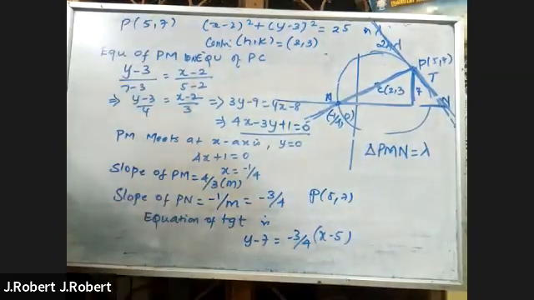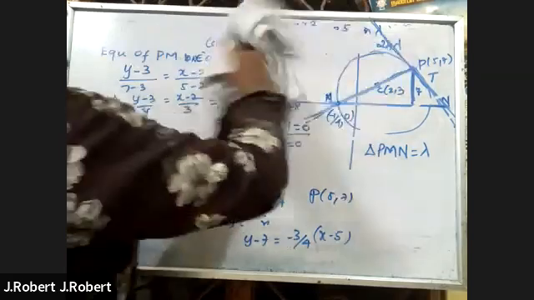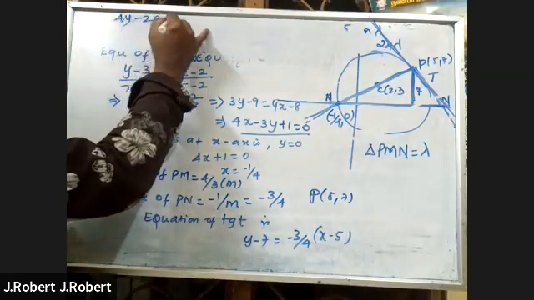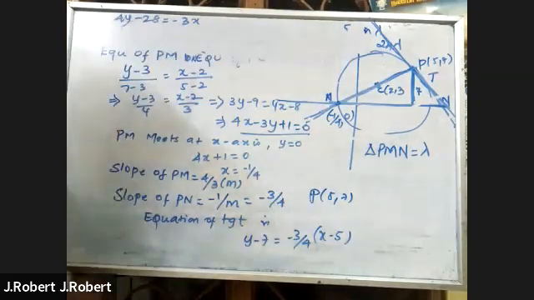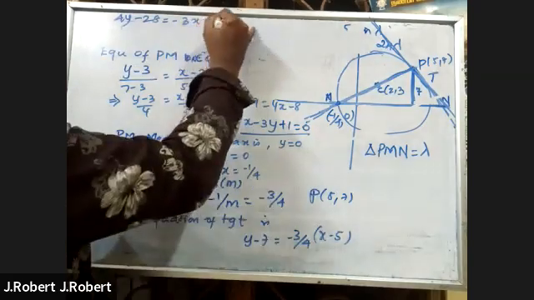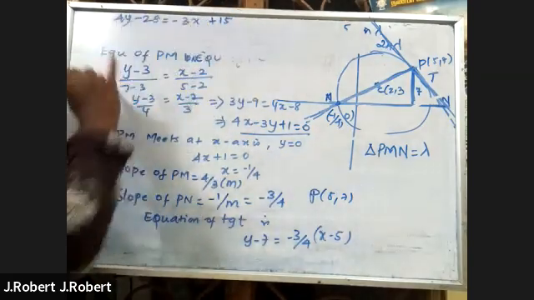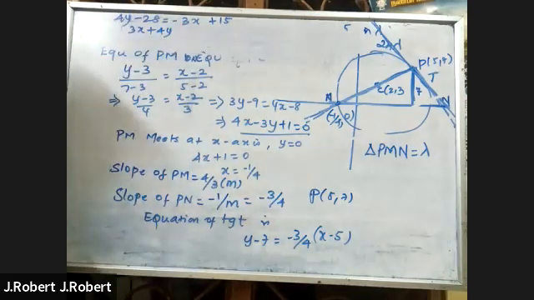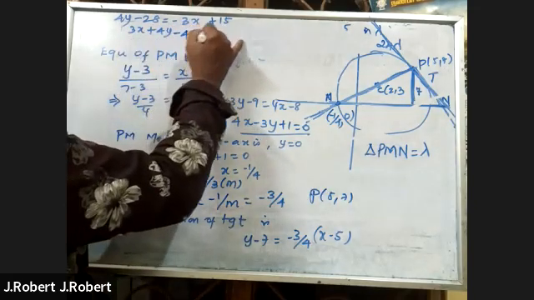We can write this as 4y minus 28 is equals to minus 3x plus 15. So otherwise you bring this side, 3x plus 4y minus 28 minus 15. So what is the answer? Minus 28 minus 15, we'll get minus 43 equal to 0.